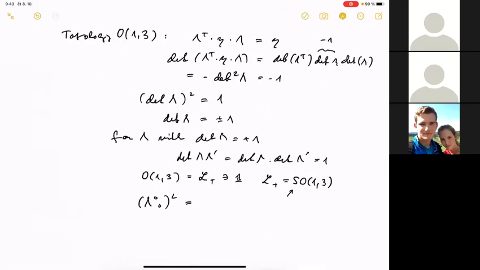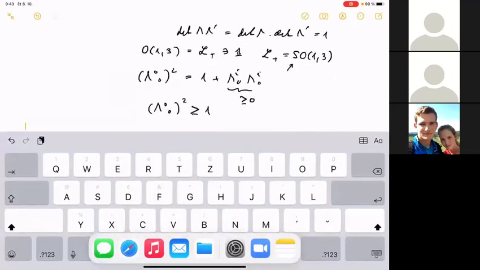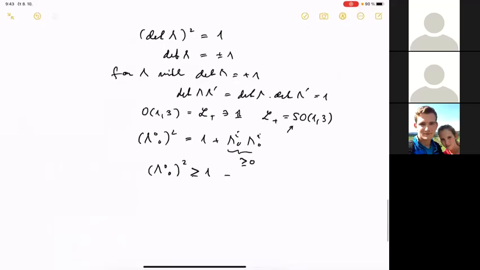So it is 1 plus the sum over i of lambda 0 i, lambda 0 i, and of course this is positive or 0. So we see that lambda 0,0 squared is greater or equal to 1, and this implies that lambda 0,0 is either larger or equal to 1 or smaller or equal to -1.